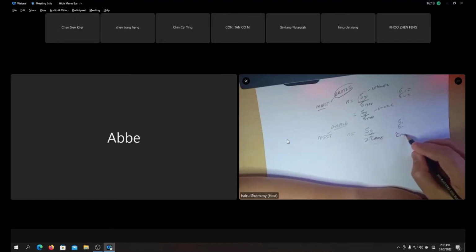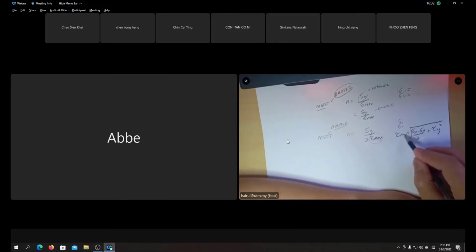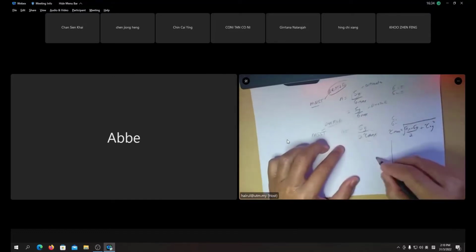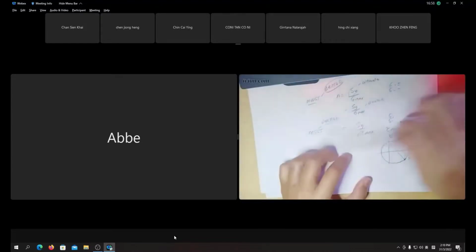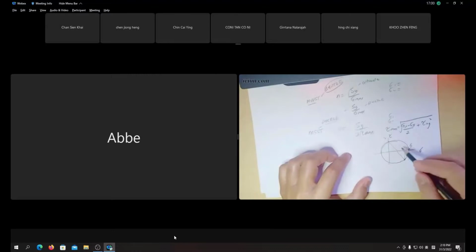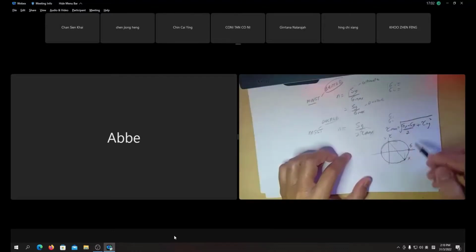What is tau max? The formula is tau max equals the square root of, sigma x minus sigma y over 2, squared, plus tau xy squared. Correct me if I'm wrong, I've mistaken this before. That is the equation for tau max. In your Mohr circle, when you plot point x and point y, you get sigma 1 and sigma 2.